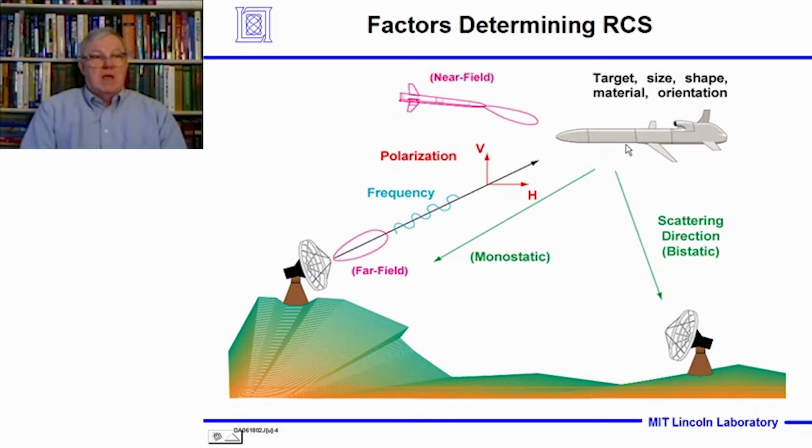And it can also depend in another way on the location of the receiver. We have two kinds of ways we can operate radars. One we call monostatically, where the transmit antenna is located at the same location as the receive antenna. And then there's what we call bistatic operation, where you have one antenna that you transmit energy out with and another antenna that you receive energy with.